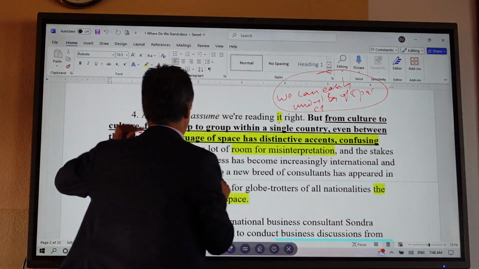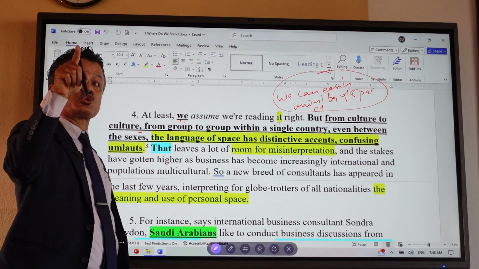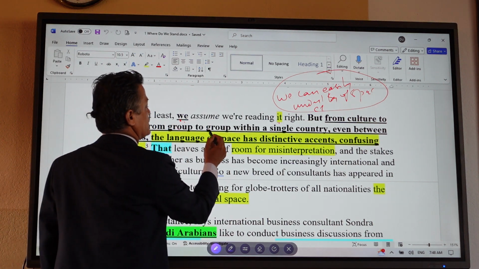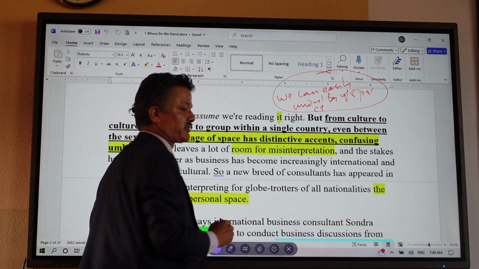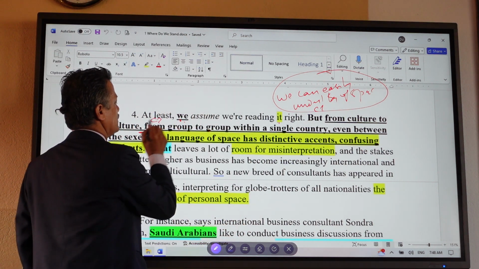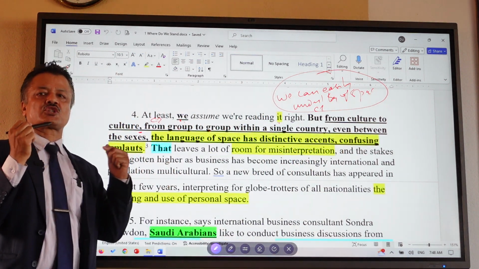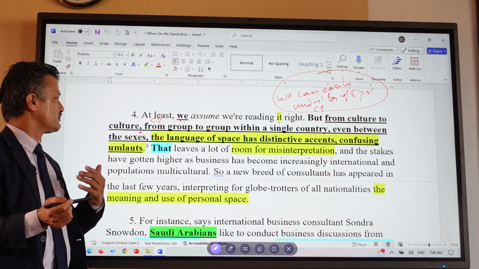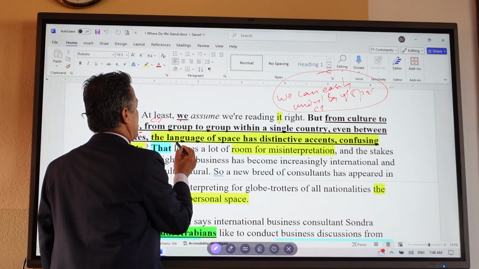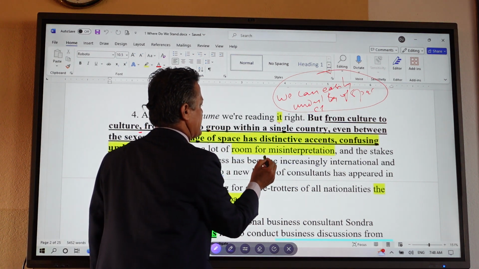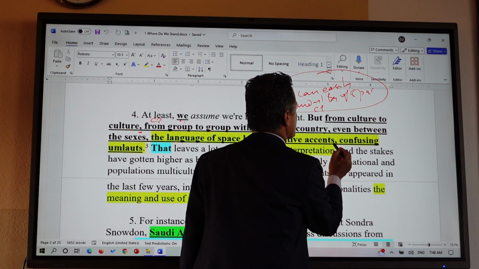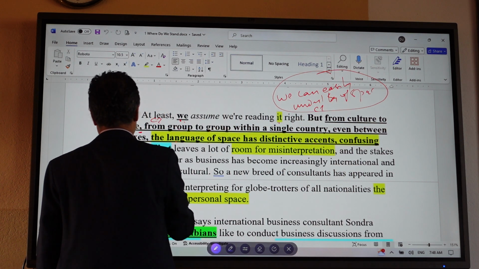From culture to culture, comma, clause 2. From group to group, within a single country, clause 2. Even between the sexes, clause 3, male and female. Then the language of space has distinctive accent, confusing lot.